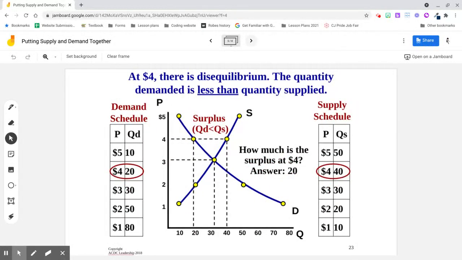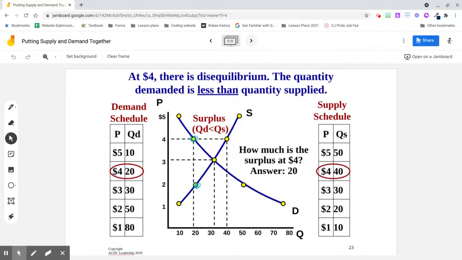Now at $4, there is a disequilibrium. The quantity demanded is less than the quantity supplied. At $4, take notice, this one up here is our demand, and this one down here is our supply. We have a problem.